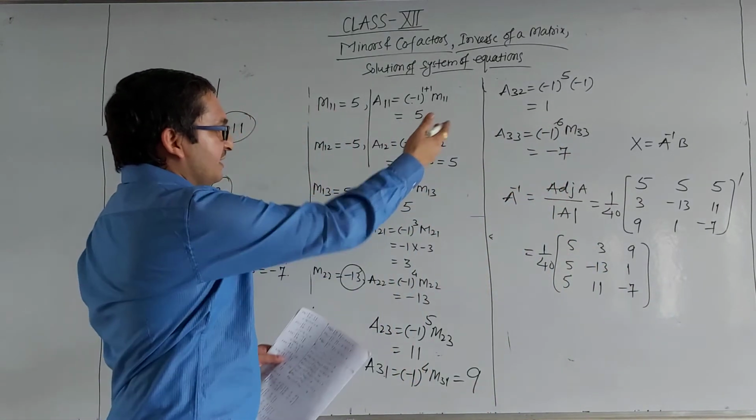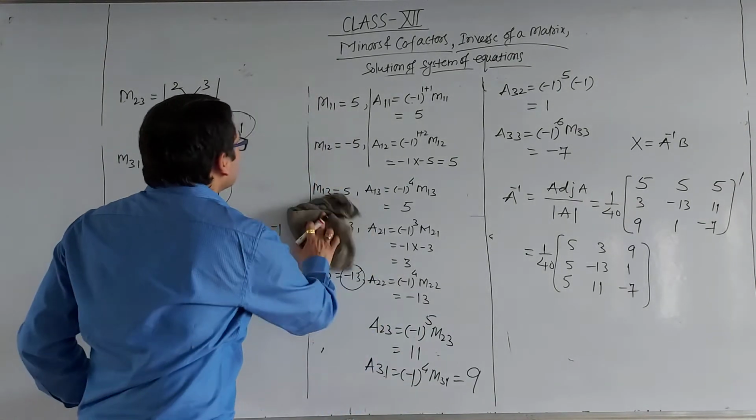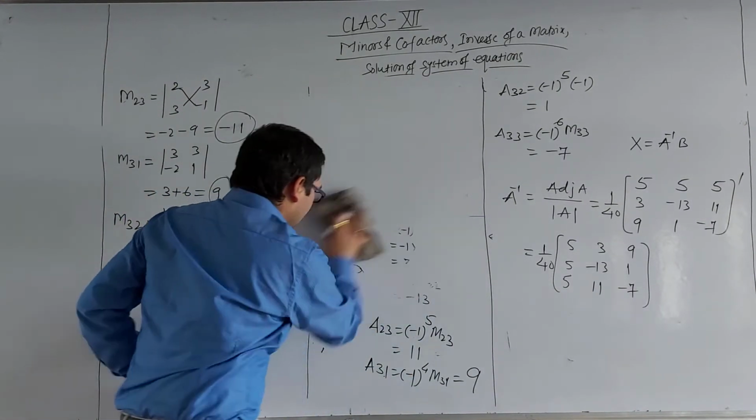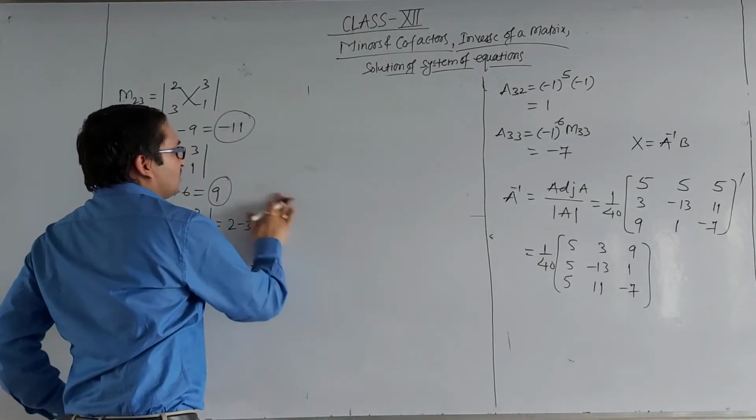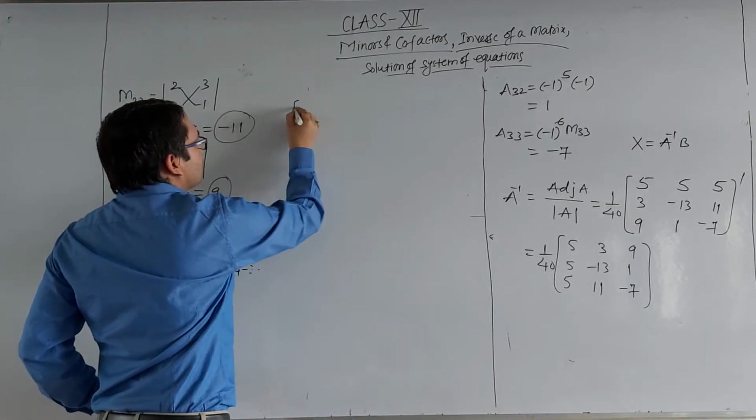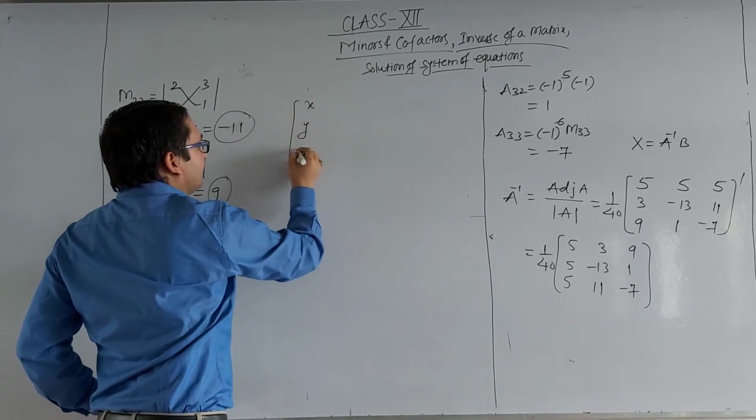Now we need to write in that form. So we have to write like this: X is equal to A inverse B. X means x y z.